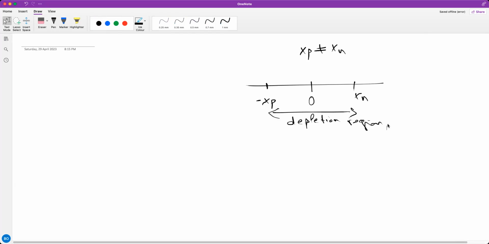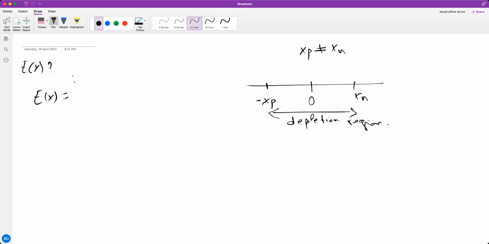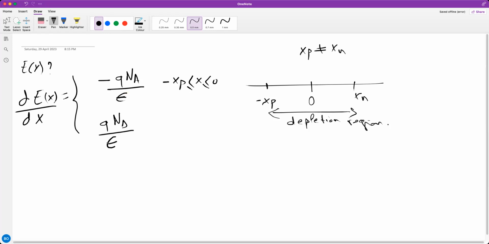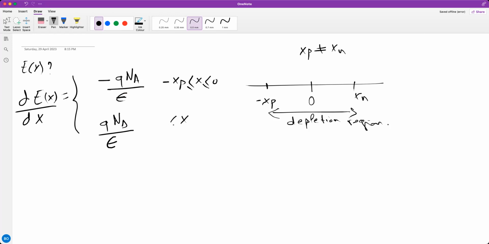Now I want to calculate E(x). The gradient of the electric field is equal to minus q NA over epsilon when x is between minus XP and 0, and equal to q ND over epsilon when x is between 0 and XN. So all I have to do is integrate.